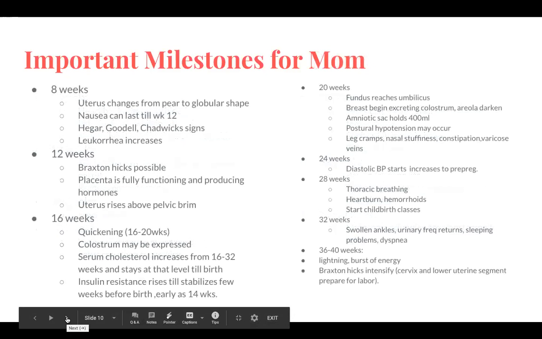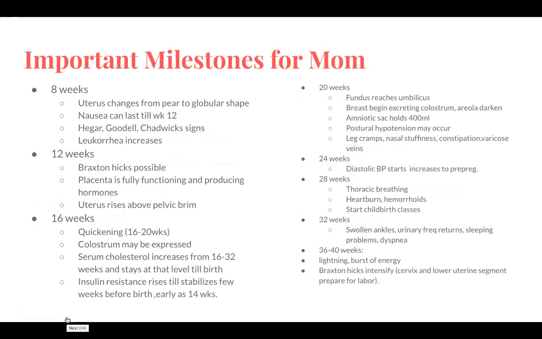Okay, some more important milestones. Uterus changes, all those signs that we talked about in those 8 weeks. In the 12 weeks, Braxton Hicks contractions, those are like the false contractions. The placenta is fully functioning, producing hormones. The rest of this I would just keep in mind. At 20 weeks, I would know that the fundus reaches the umbilicus.